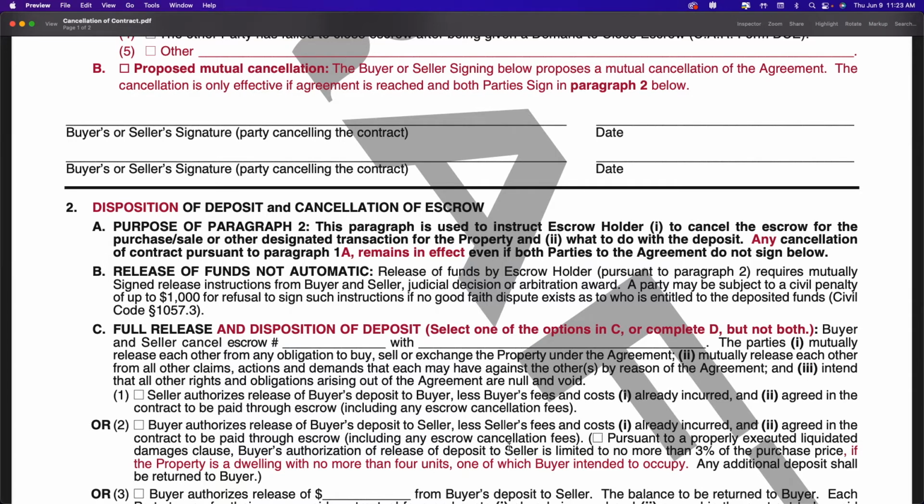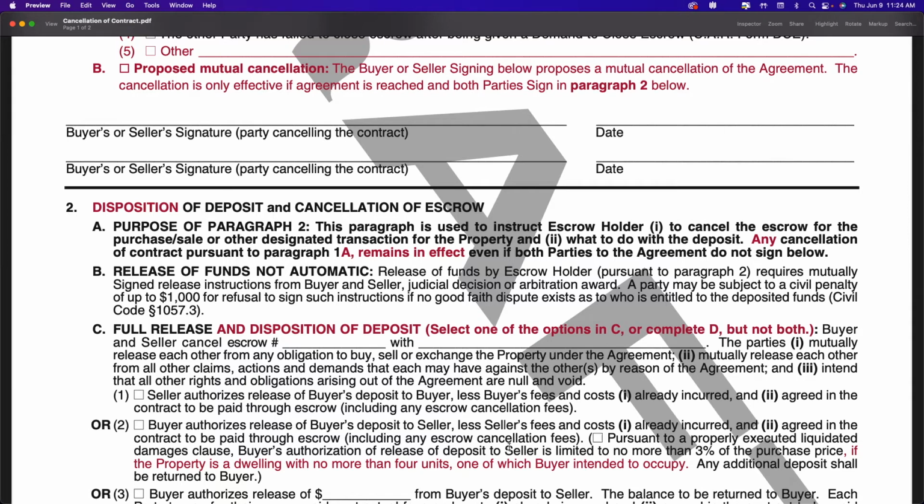Okay? A party may be subject to a civil penalty of up to $1,000 for refusal to sign such instructions if no good faith dispute exists as to who is entitled to the deposited funds. What that means is, for example, let's say the seller sends a demand to close escrow to the buyer. The buyer fails to close escrow based on the terms of the demand.